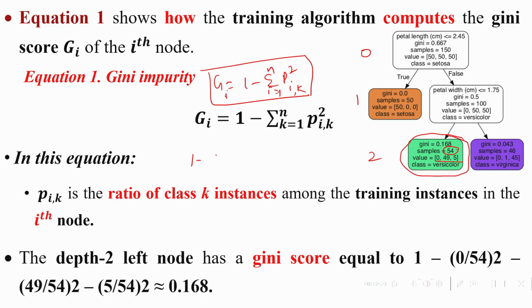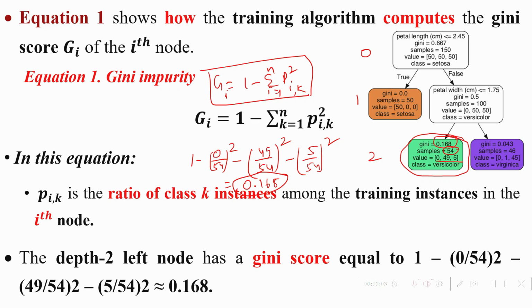So it is 0 over 54, whole squared, minus 49 over 54, whole squared, minus 5 over 54, whole squared. If you apply the equation, that is equal to 0.168. That is the Gini value of the corresponding node.